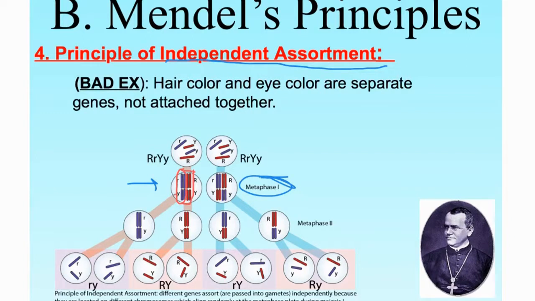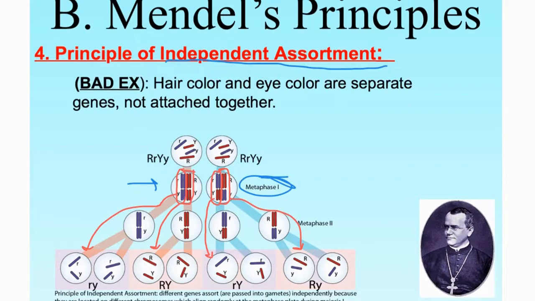And so when they made their gametes, these got all blue chromosomes and these got all red. But it doesn't have to work out like that. It's totally random. So on this one, you have a blue and a red on the left and a red and a blue on the right. So now when they made their gametes, each of the gametes got both a red and a blue. So it's totally random which way these chromosomes or alleles are going to separate from each other during meiosis.